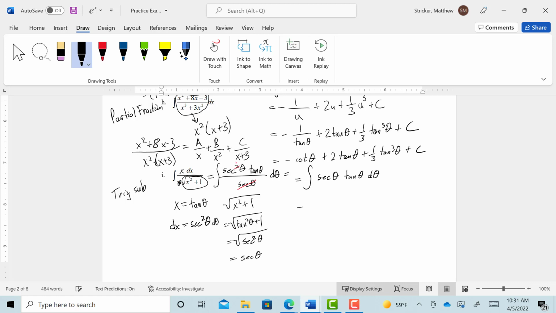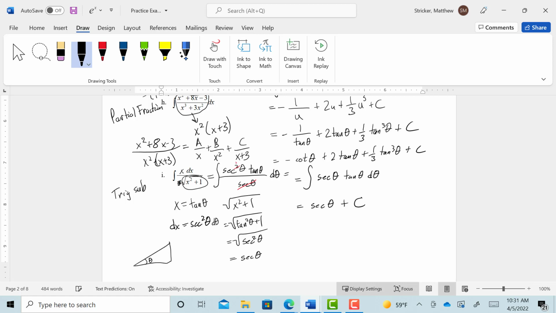And we know that the antiderivative of secant tangent is just secant theta plus C.